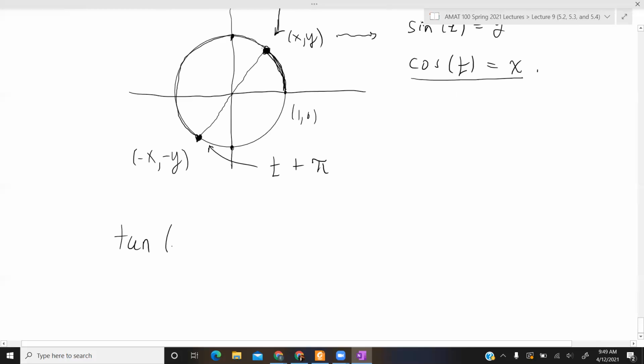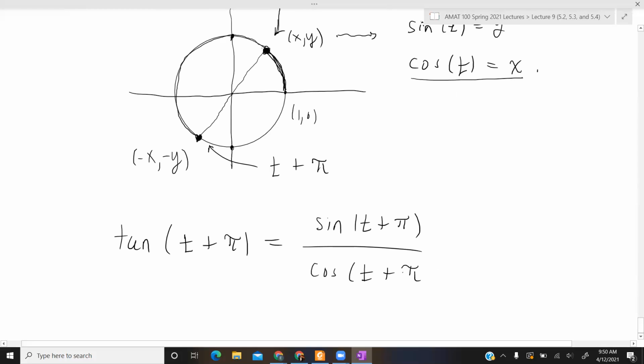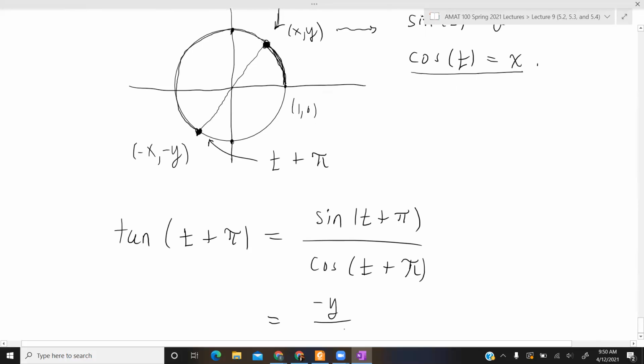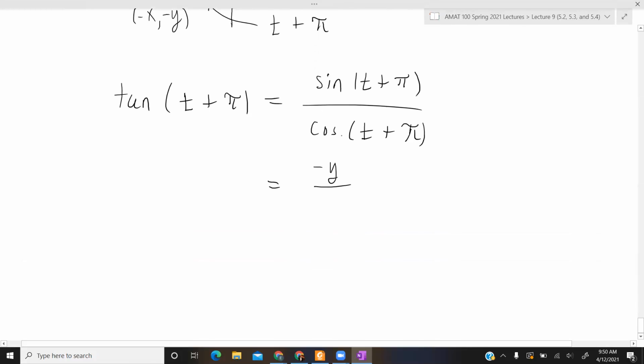So what that means is tan of t plus pi is equal to, by definition, sine of t plus pi over cosine of t plus pi. By definition, sine of t plus pi is equal to negative y, and cosine of t plus pi is equal to negative x. Remember, the sine and the cosine just pluck out the y and the x coordinate respectively.